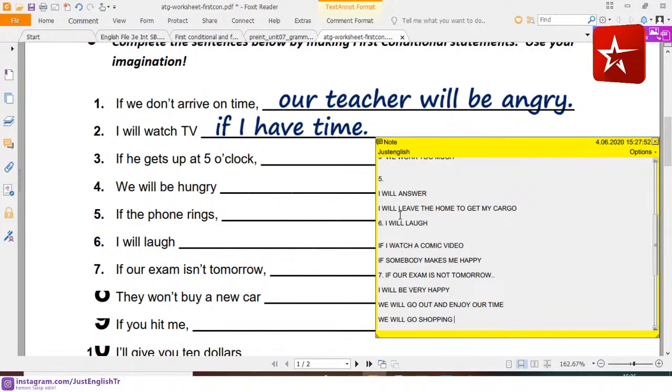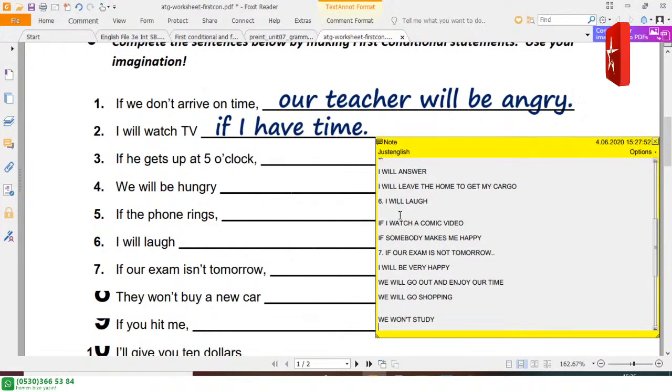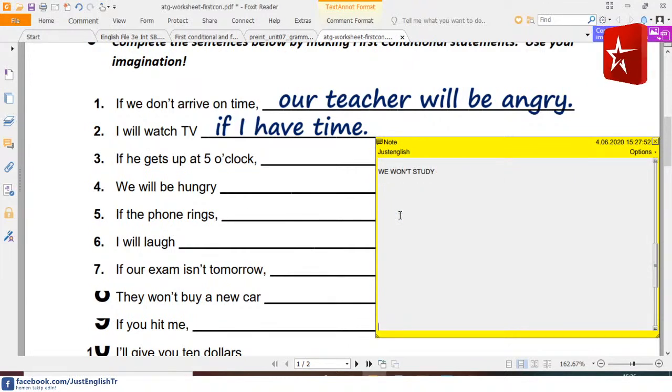We haven't studied, so we should write like this: we won't study. I will go to hang out. I can sleep more, Ebru says. Thank you, Ebru. And let's continue with number 8.